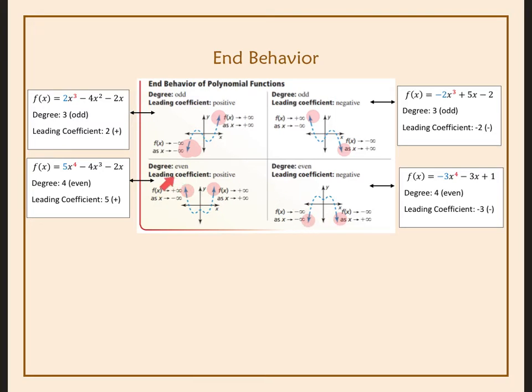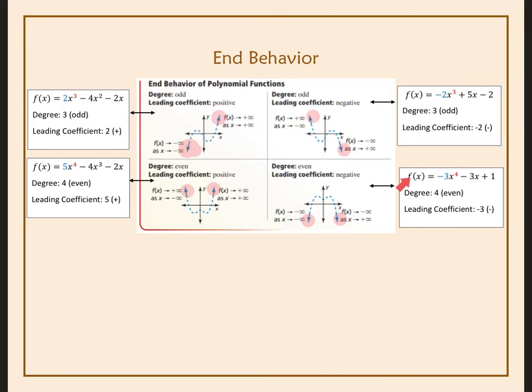Again, if the degree is even, second power, fourth power, sixth power, the arrows will face in the same direction. If your exponent is odd, one will face up, one will face down. If the leading coefficient is positive, we start with the negative, and then this is positive, and vice versa.